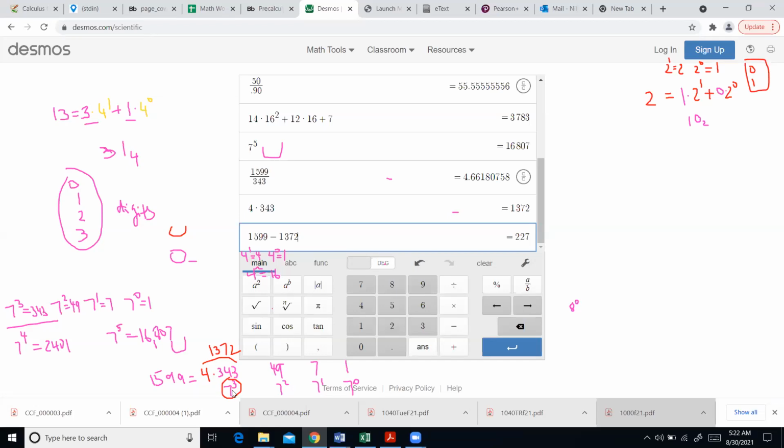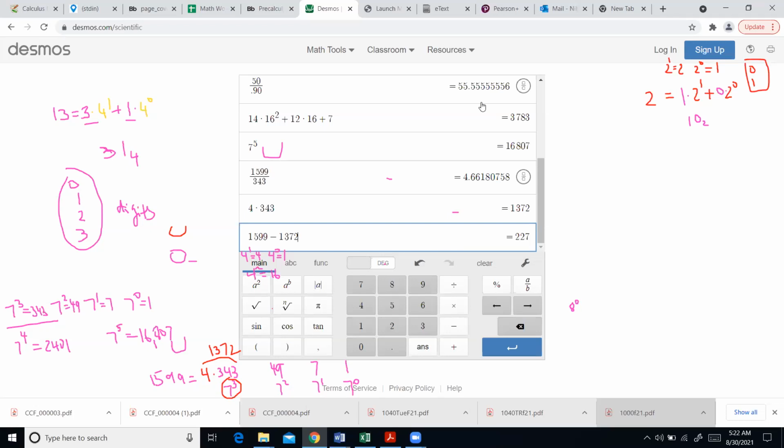So since we're in the base 7, we concerned with powers of 7. So we're dividing it by powers of 7. So once I produced the remaining number, which is 227, please notice that 343 is already larger.